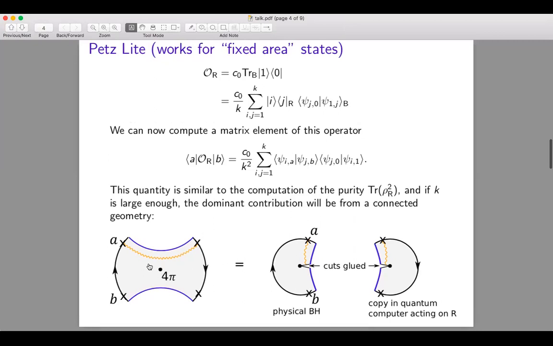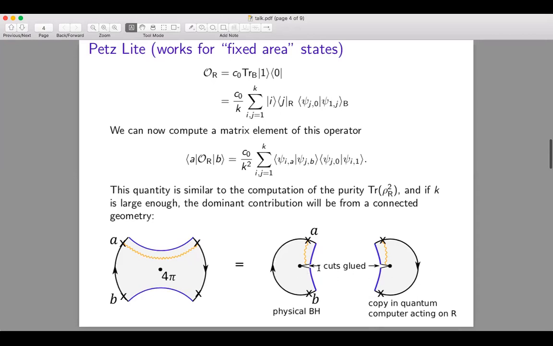And in particular, when we connect two geometries together, we allow a 4 pi total conical angle around that point.